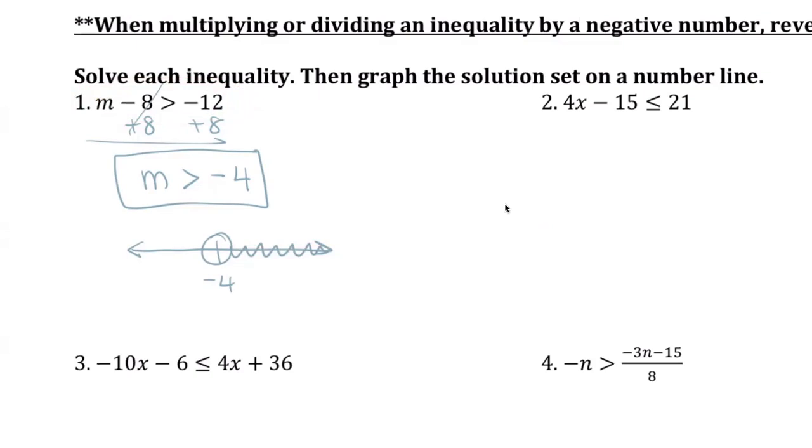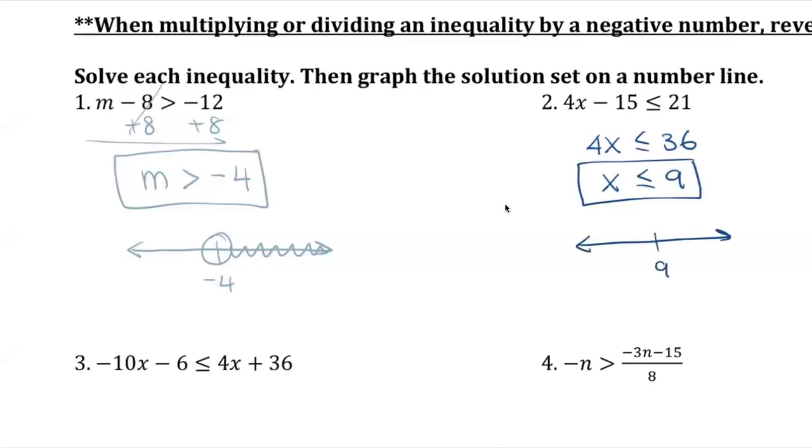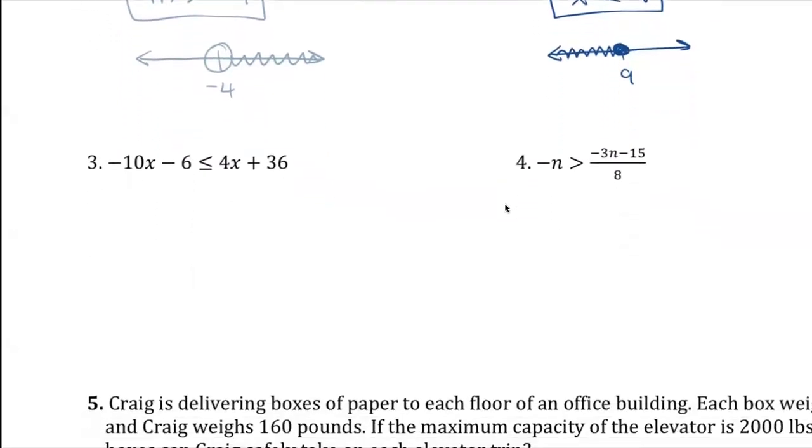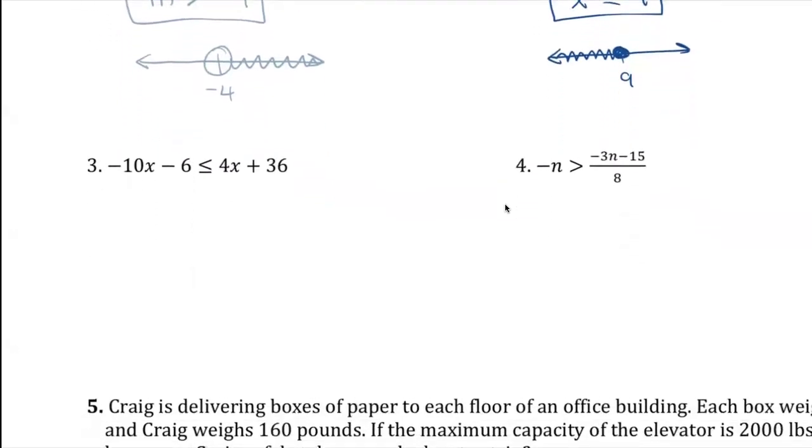Number 2, I'm going to add 15 on both sides. So that gets me this, divide 4 on both sides, and that gets me this. So this one, I'm going to have a closed circle on 9 and shade to the left. That's all you need to graph that number set. All right, number 3, I have variables on both sides.